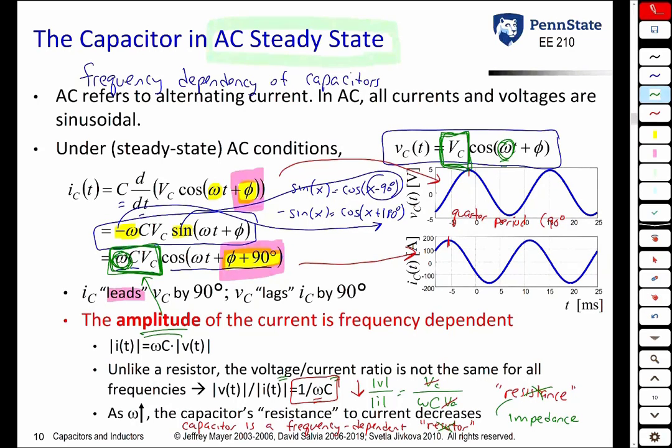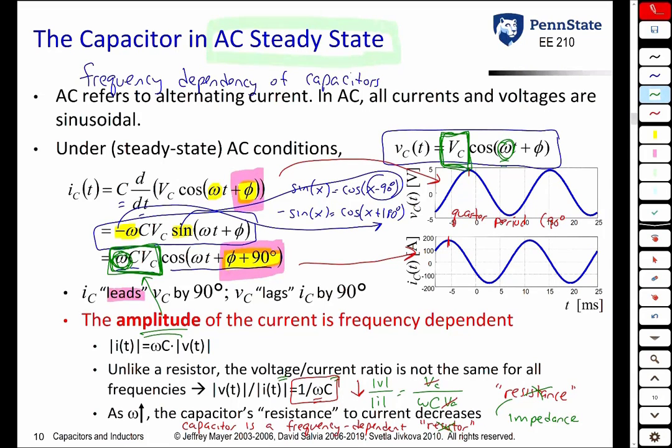At this point, what's important on this slide is to understand that the amplitude of the current is a function of the frequency of the voltage. That doesn't happen in a resistor. In a resistor, if you take a sinusoidal input voltage and apply it to a resistor and measure the current, if you increase the frequency of the voltage signal, the frequency of the current will increase, but the amplitude will not increase.